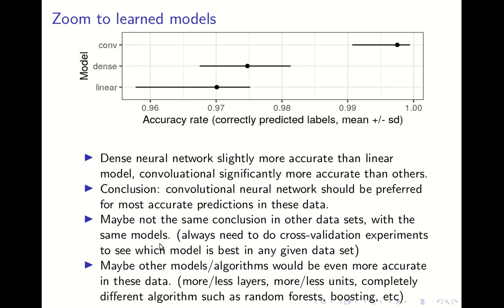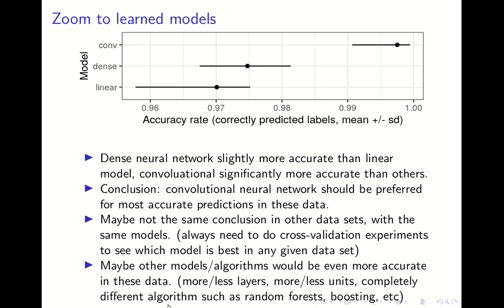If you're using this Keras package that we were talking about, you can play with the number of layers, add more or fewer layers in your neural network, add more or fewer hidden units per layer, or you could try to ditch Keras and use a completely different algorithm for machine learning.